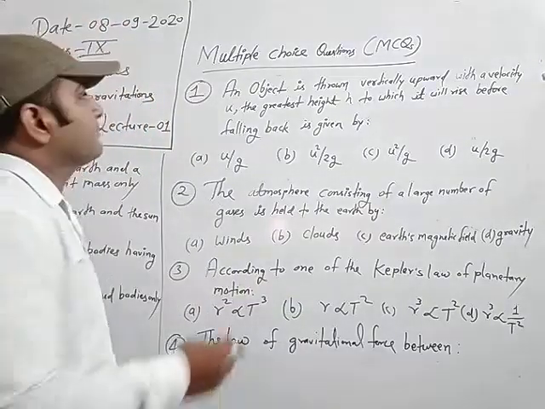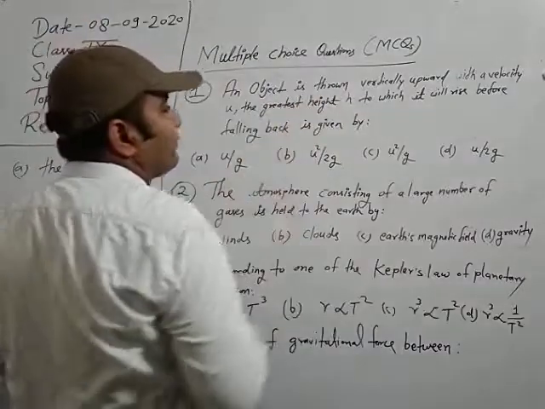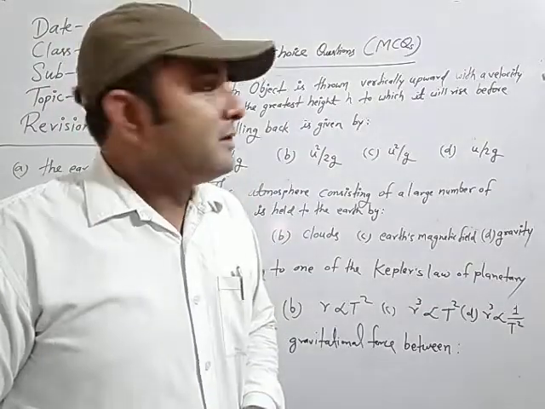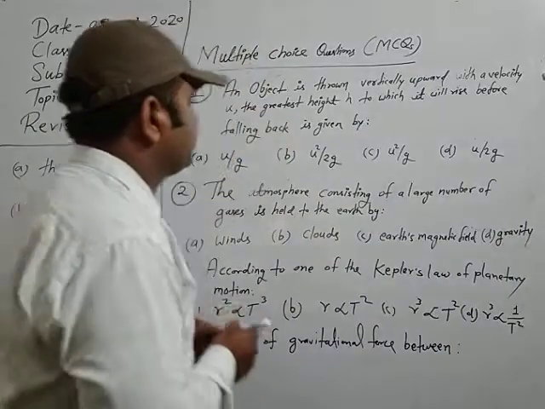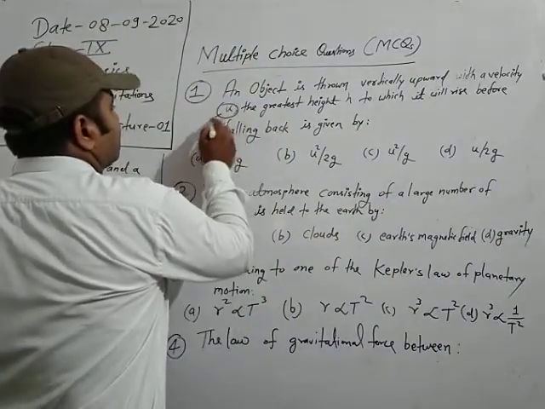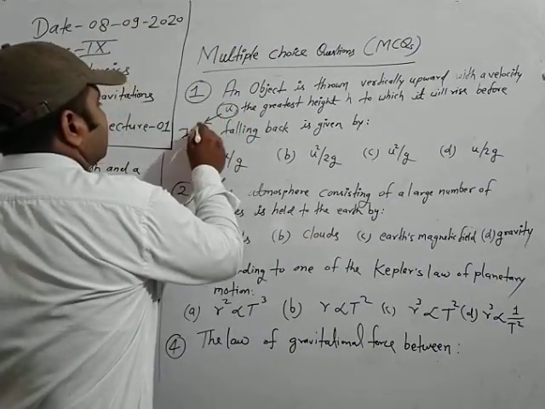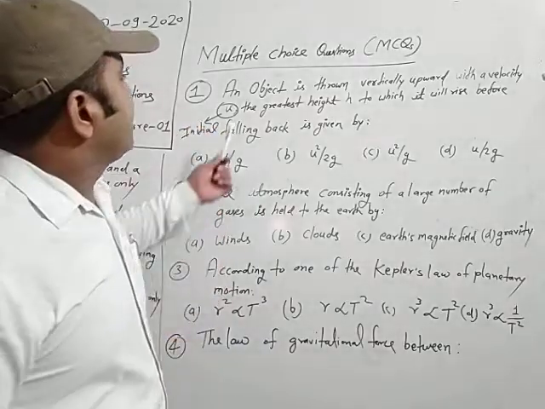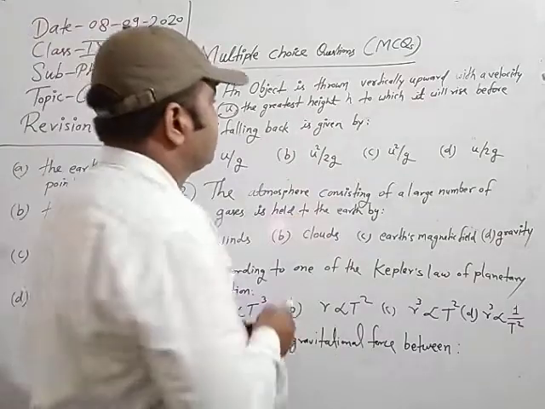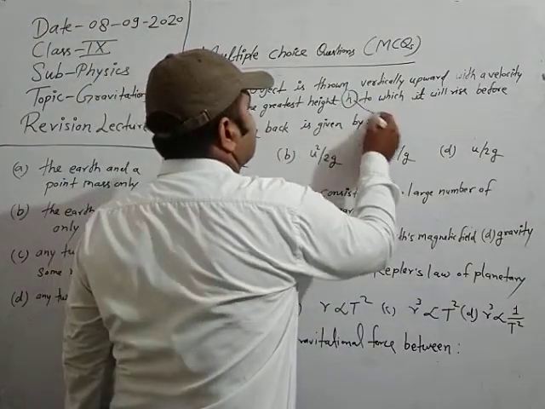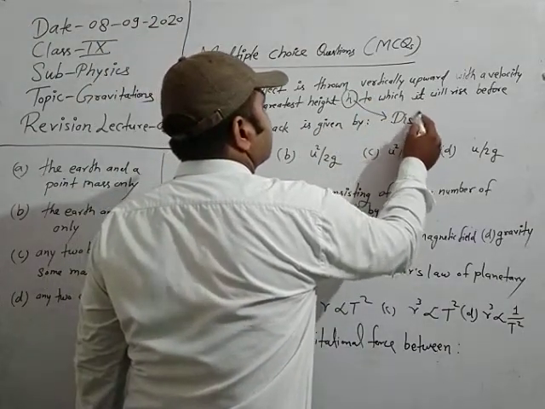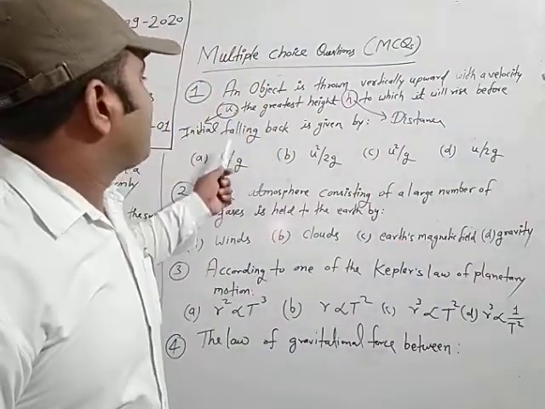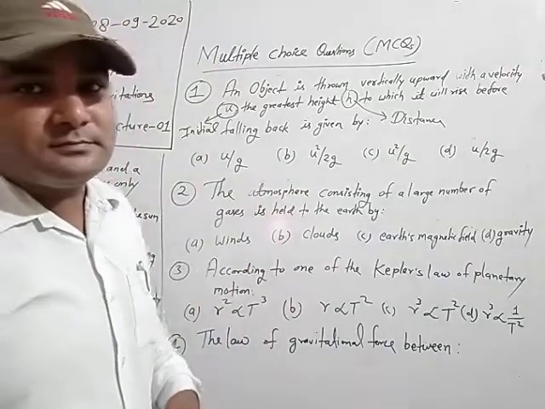Number 1, an object is thrown vertically upward. It means the motion of the body in upward direction with a velocity u. Here this is the initial velocity. Clear? The greatest height h, the distance to which it will rise before falling down back.